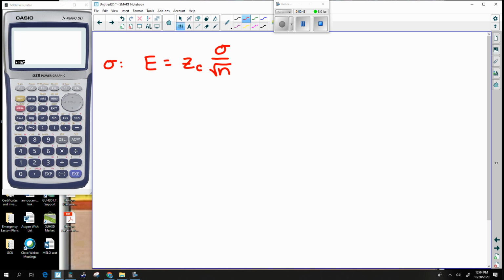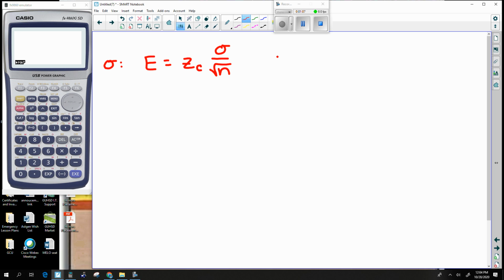So we have this equation that we have to get. Again, you get that ZC from the table, and that is dependent upon the confidence that you particularly have. So again, the ZC comes from the confidence.